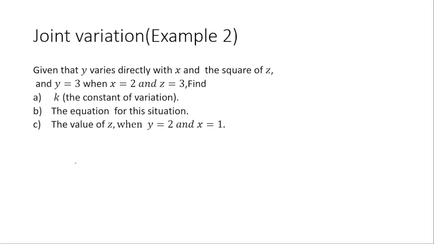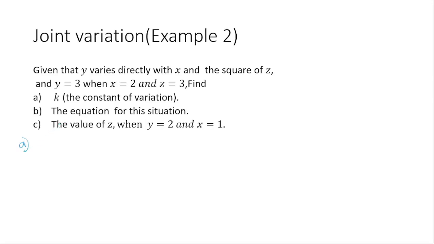Example 2 reads, given that y varies directly with x and the square of z, and y is 3 when x is 2 and z is 3, find part A, the constant of variation k. Part B, the equation for this situation. Part C, the value of z when y is 2 and x is 1. We start with part A.